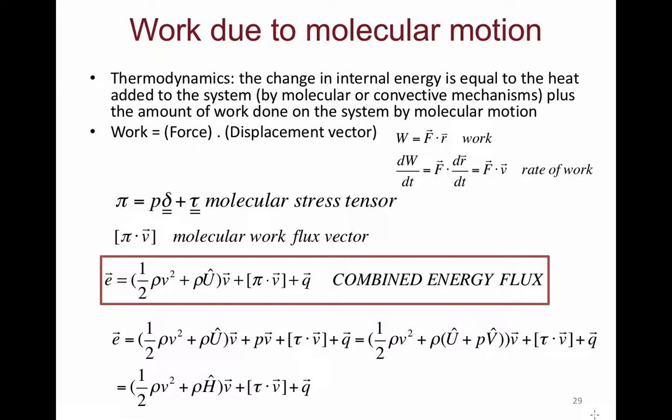Yes. Is that half rho V squared also an x component? The V inside? No, this is V squared. That's just the absolute value. That's a scalar in itself. So that's just the kinetic energy that I'm carrying, and it is a scalar value. So you don't take components, that's just V squared, which is Vx squared plus Vy squared plus Vz squared.